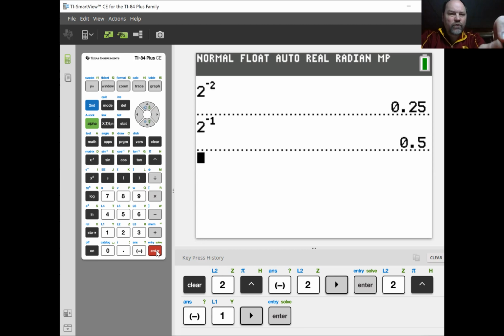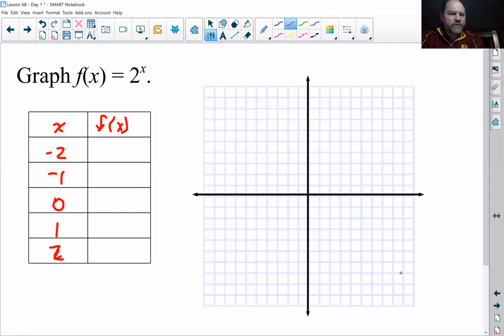That is 0.5 or 1/2. So this was 1/4 or 0.25. This is 1/2 or 0.5.